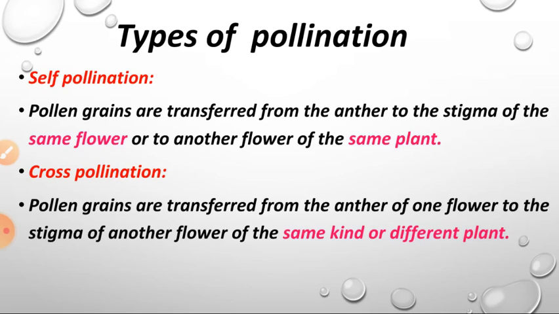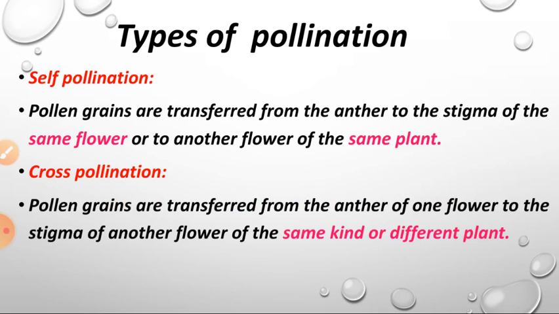Cross-pollination means the pollen grains reach the stigma of another flower of the same kind. For example, if there are many varieties of lady's finger plant, and the pollen grains of one lady's finger reach another variety of lady's finger, that is cross-pollination.